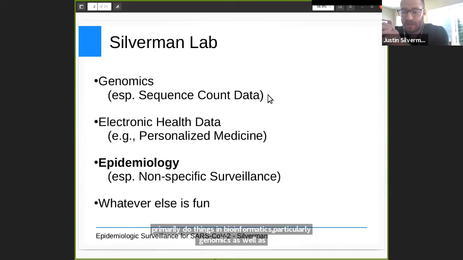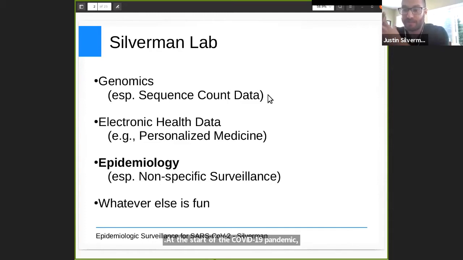At the start of the COVID-19 pandemic, I found myself in an interesting position where a lot of the skills that I had in terms of data analysis could be used for helping to understand what's happening with COVID-19 and analyzing some of the data that was coming in, especially early in the pandemic.